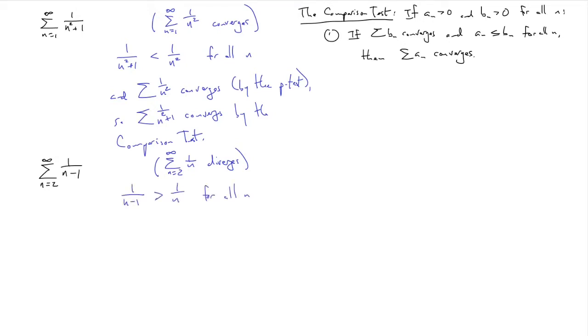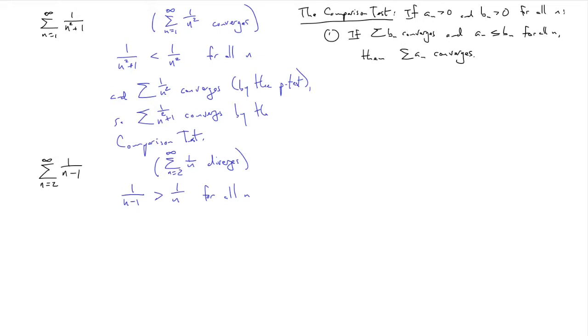And the terms of the first series, the sum 1 over n minus 1, are all greater than the corresponding terms of the second series, sum 1 over n, because the smaller denominator is the larger number. Meanwhile, we know that the second series, the harmonic series, diverges. It goes to infinity, meaning the limit of the nth partial sums is infinity.